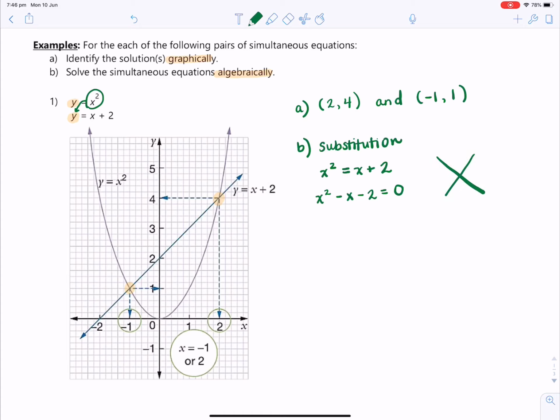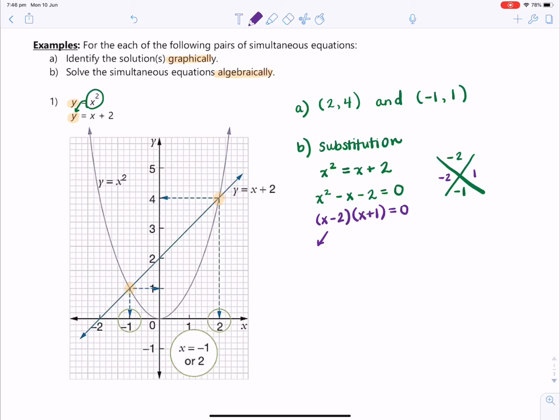So let's see if we can factorize this equation. I need two numbers that add to -1 and multiply to -2. Those two numbers would be -2 and +1. So I can rewrite this equation as x minus 2 times x plus 1 equals 0. From here, I can apply the null factor law.